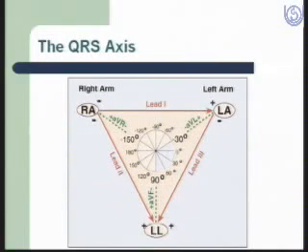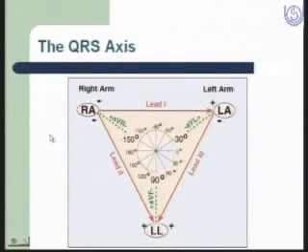Now the QRS axis. As I told you, limb leads depict the electrical potential difference between a positive and a negative pole. You see that lead 1 depicts the difference between the left arm, which is positive, and the right arm, which is negative. Similarly, lead 2 and lead 3, and AVF, AVR, and AVL, they depict the electrical potential between the limbs and a reference electrode.